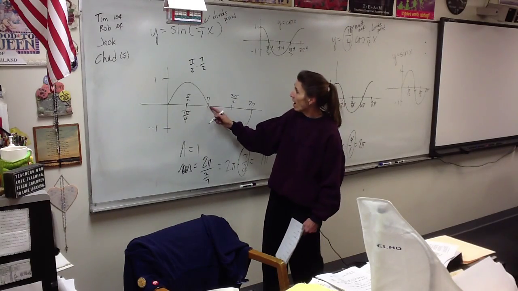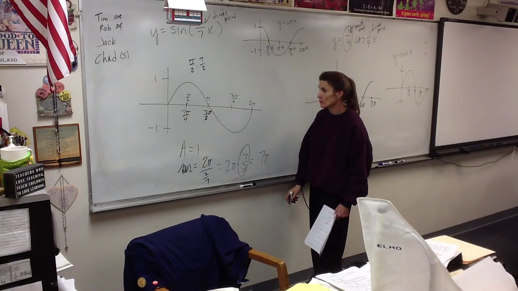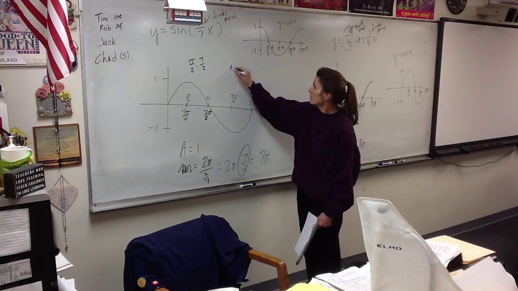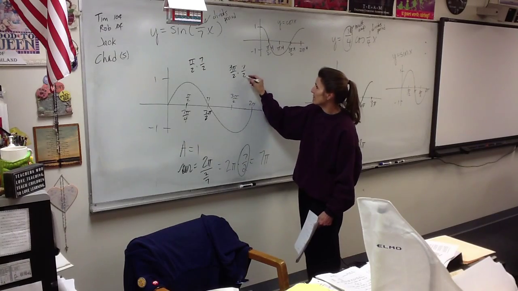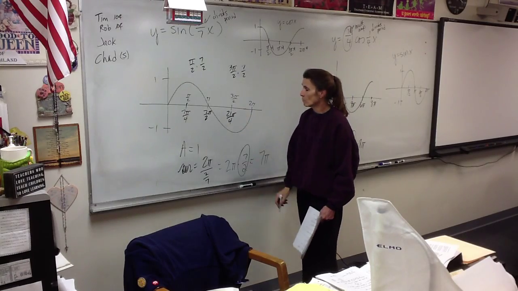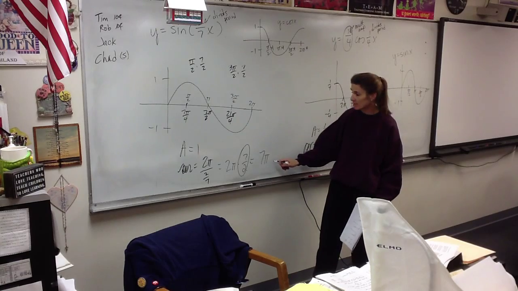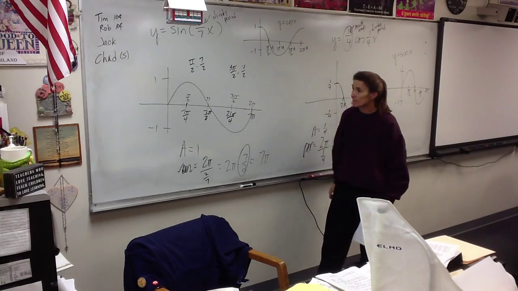When I take pi times 7/2, I just get 7 pi over 2. 3 pi over 2 times 7/2 gives me 21 pi over 4. And 2 pi times 7/2, I already did that arithmetic, that gives me 7 pi.